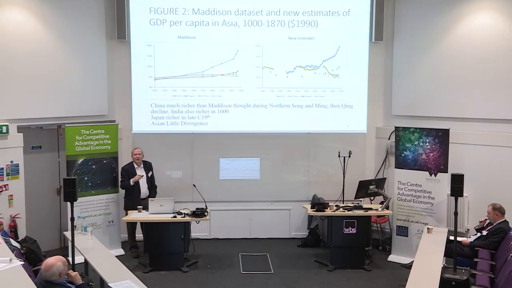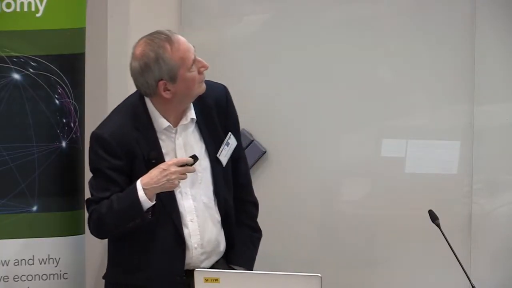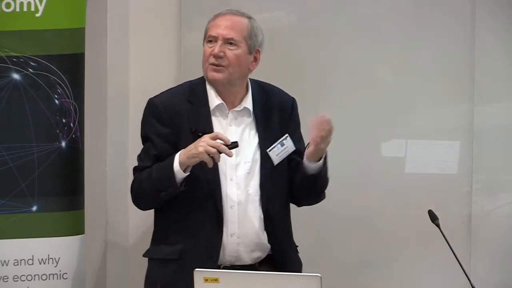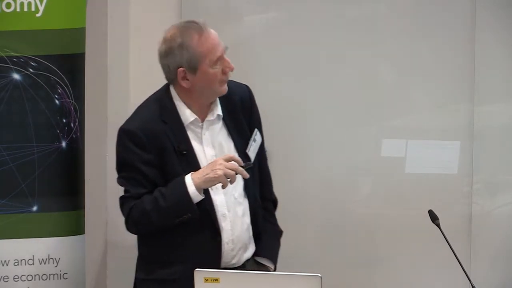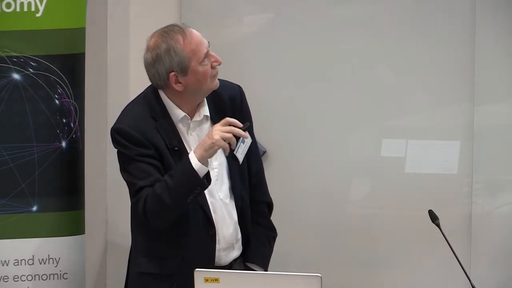Instead of being at $450 in the year 1000, it's around about $1,000, sort of 2.5 times richer. What happens then is it remains at around about that level until we get to after 1700, the Qing dynasty. We see this decline.